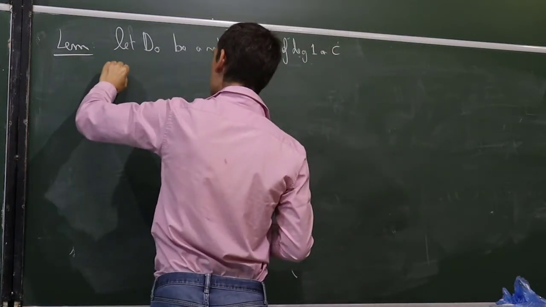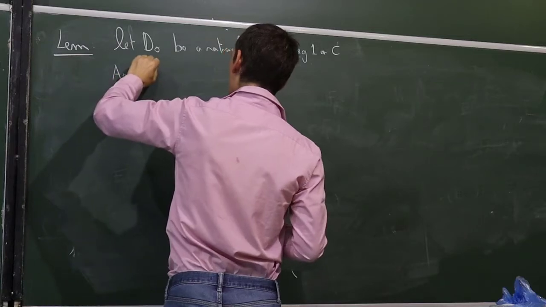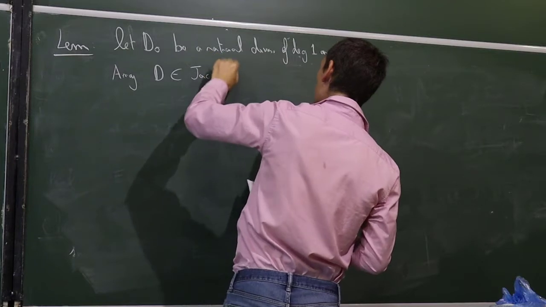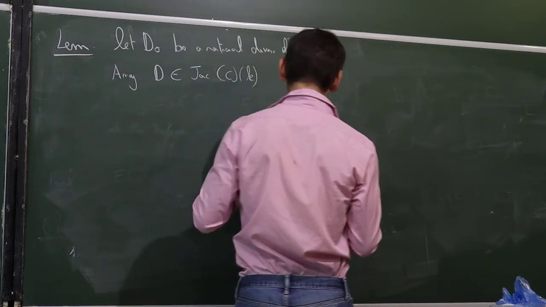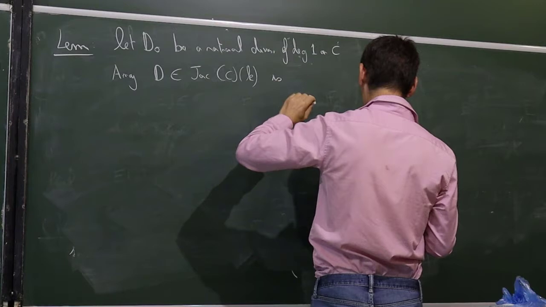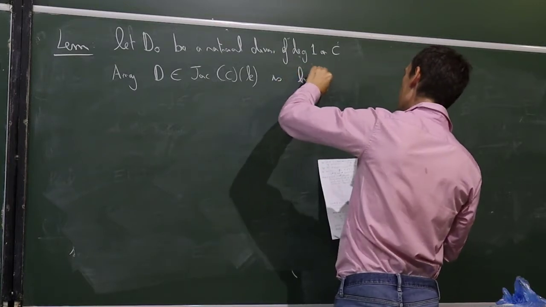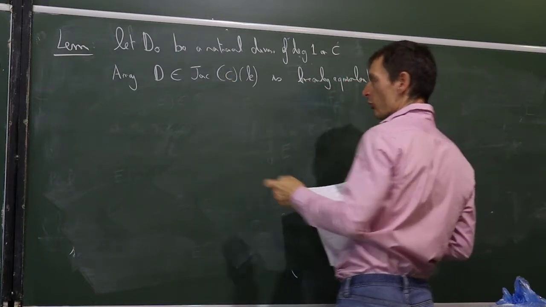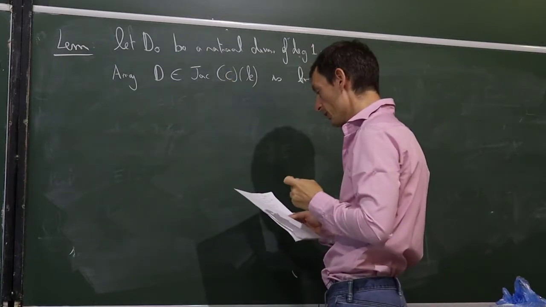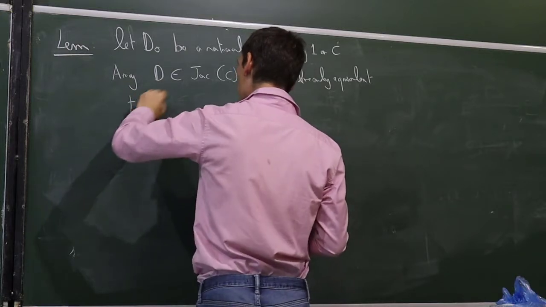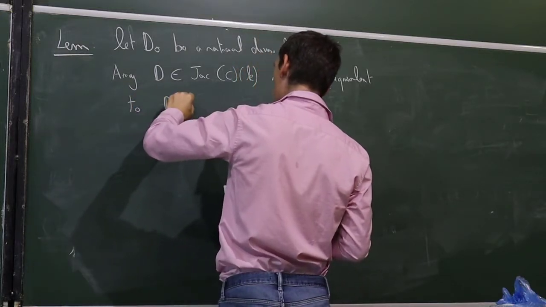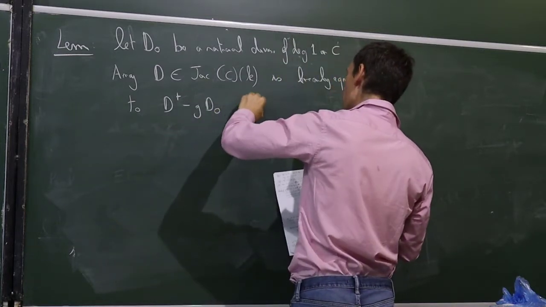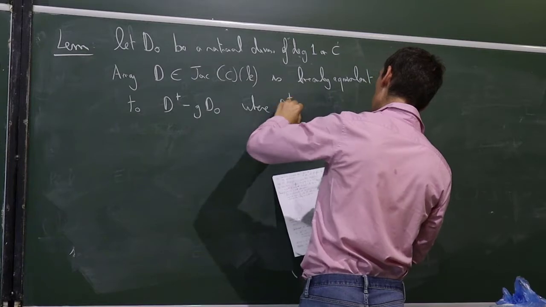Then any point that I'm going to denote D on the Jacobian over K is linearly equivalent, and here you see that what I'm using is already the identification between the Jacobian and the Pic zero, to something that I'm going to denote D plus minus g times D0, where D plus is effective.